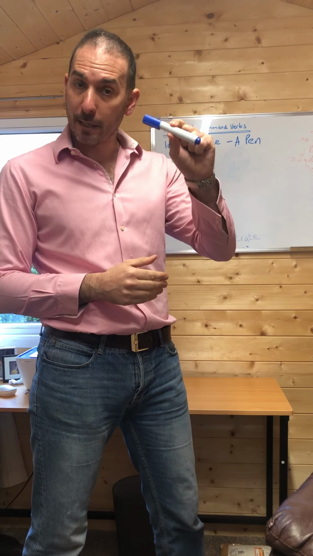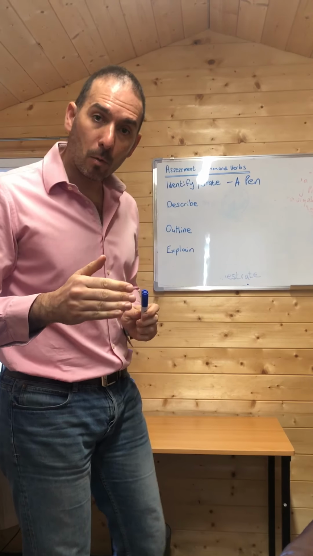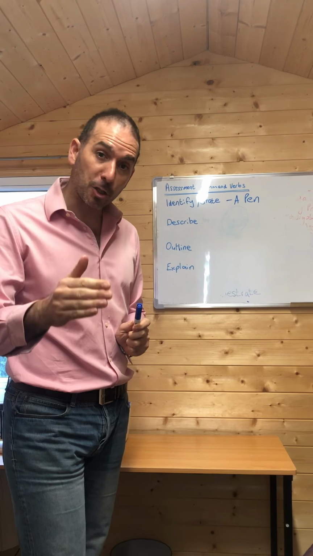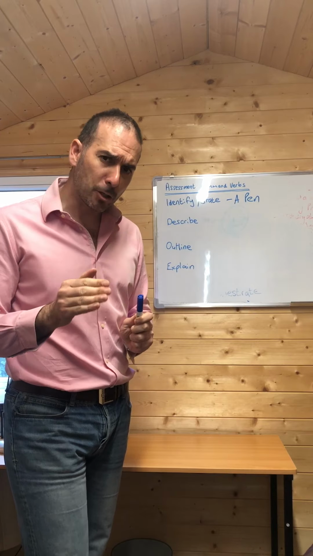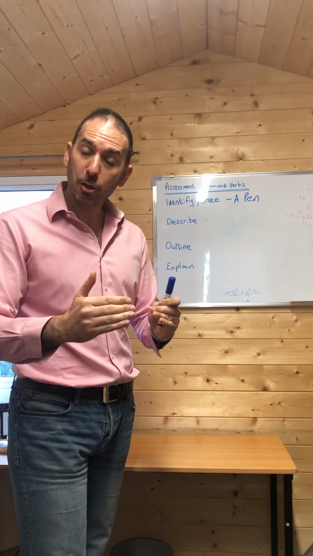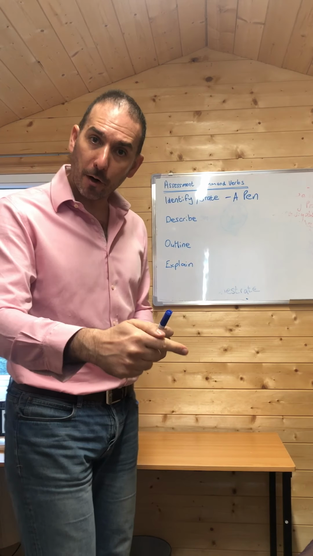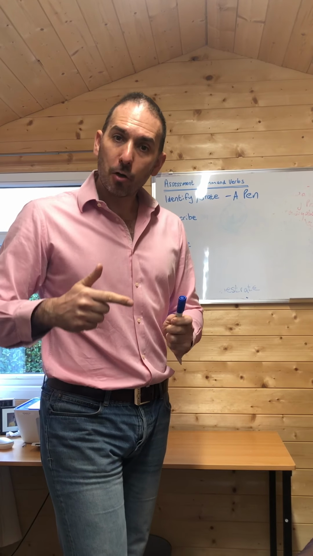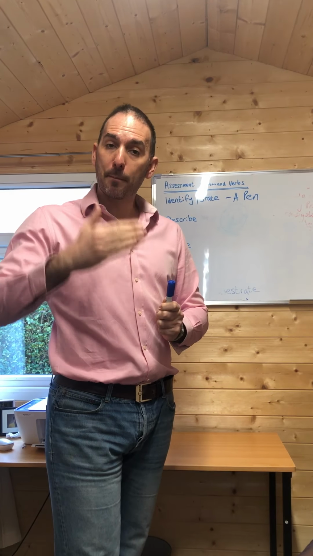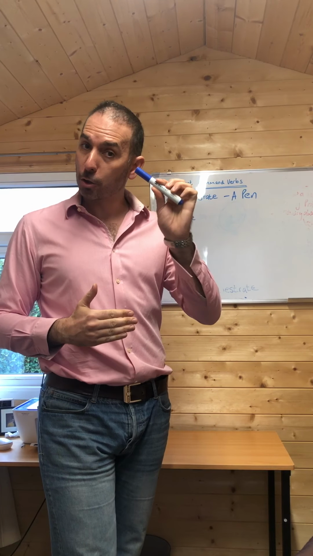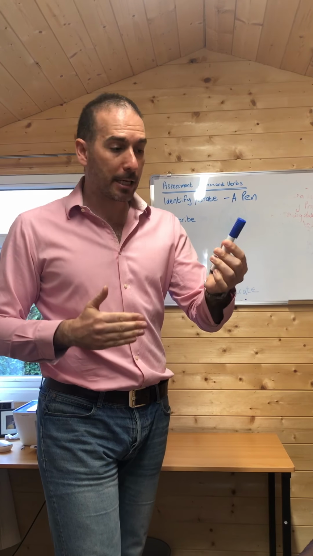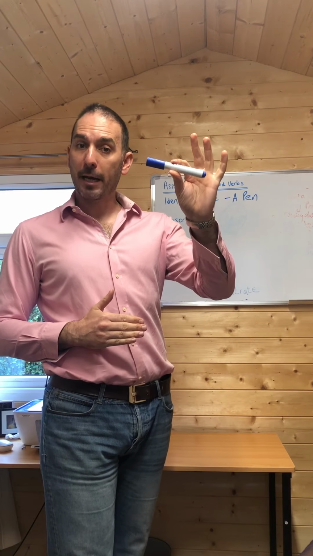You've described this pen. Now, when you're asked to explain something, it's good practice to start your explanation with a description, but you must go further. For an explanation, you must go into the principles behind what you're describing. So let's see how that would look for this pen.